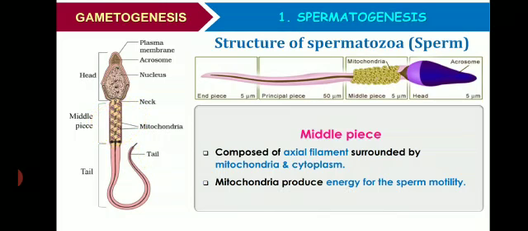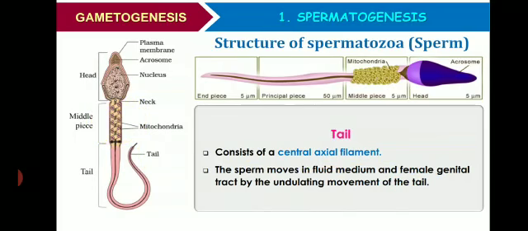Why is the sperm cell motile? The coiled mitochondria around the axial filament in the middle piece region help in swimming of the sperm cell. Mitochondria produce energy for the sperm motility. Now the tail consists of a central axial filament.